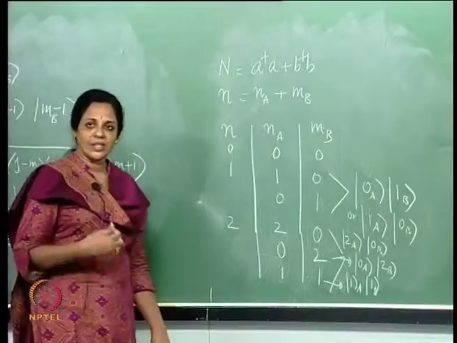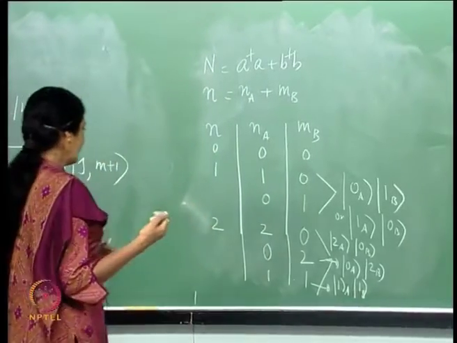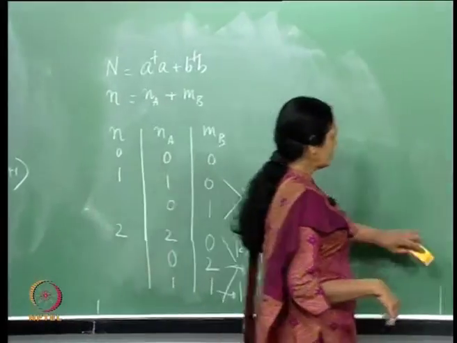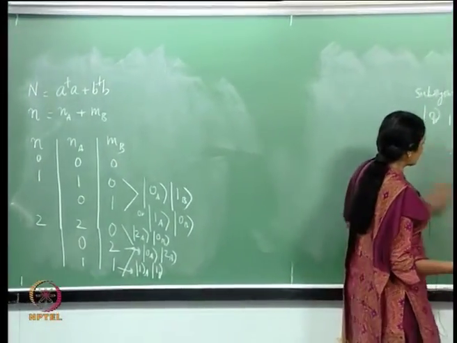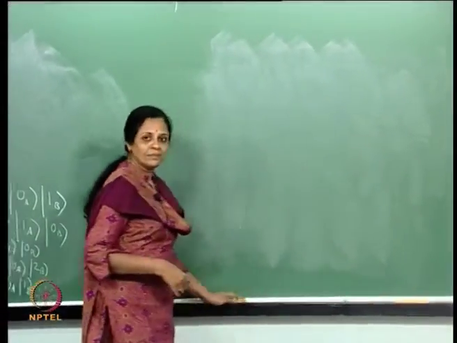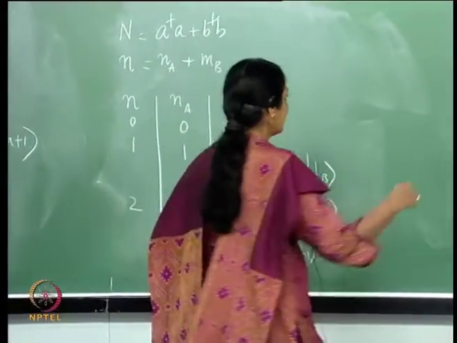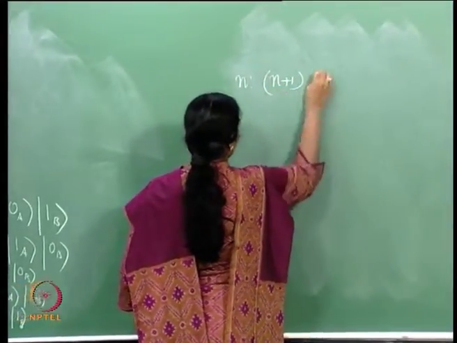So, there are 3 states corresponding to n equals 2. It is obvious that the degeneracy for a given n is n plus 1. There is an n plus 1 fold degeneracy corresponding to a given n, coming from various combinations of Na and Nb.